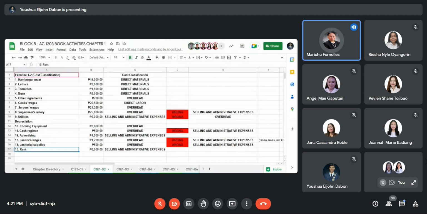Is it direct cost or indirect cost? Is it relevant or not? Is it part of product costs or not? Okay, that's why cost classification is very important. Kay maka-affect man sad na in computing the bottom line, no?